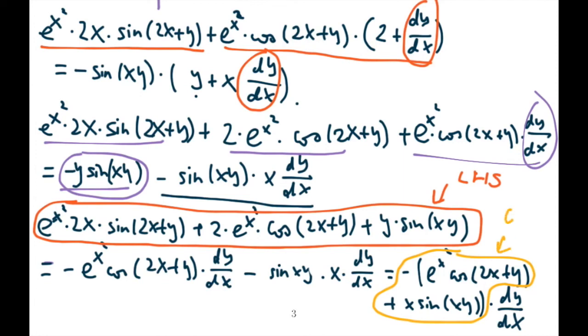I will say this is CO to represent coefficient, times dy over dx. So our final result will be dy over dx equal to the left-hand side, that is the monster in the red box, divided by the coefficient, the other monster in the yellow box. Okay, so this will be our final result.